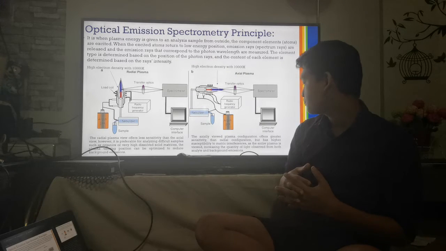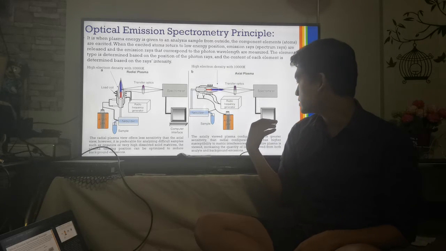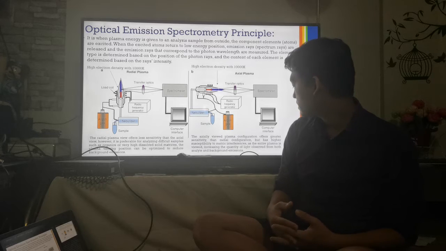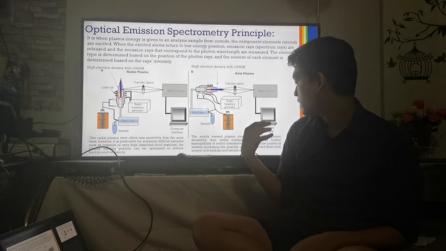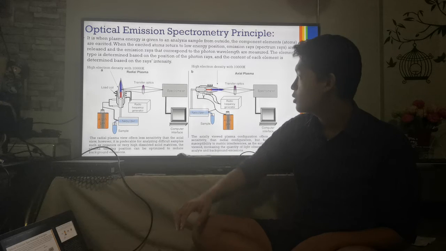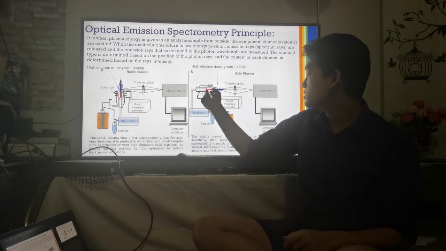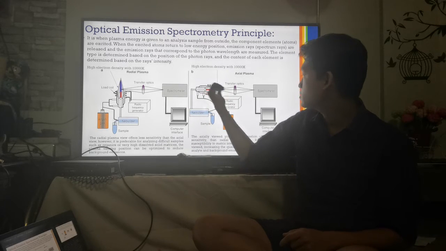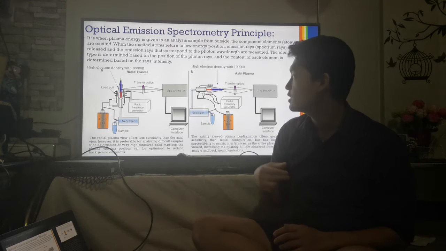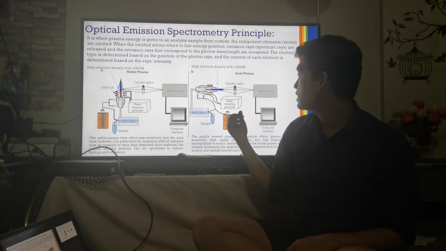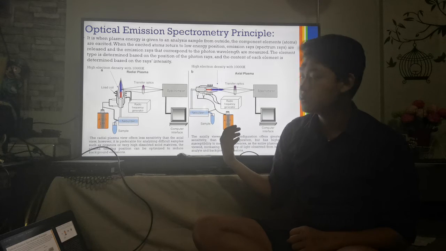While the axial view configuration offers greater sensitivity than the radial configuration, it has higher susceptibility to matrix interference, as the entire plasma is viewed, increasing the quantity of light observed from both analyte and background emissions. So basically, the concentration of the light passed through in axial plasma is greater than in radial plasma, hence the amount of light in axial plasma is far greater.